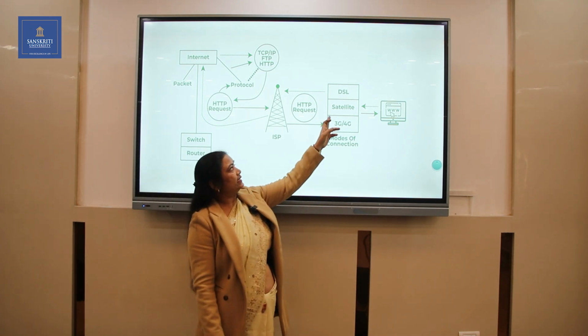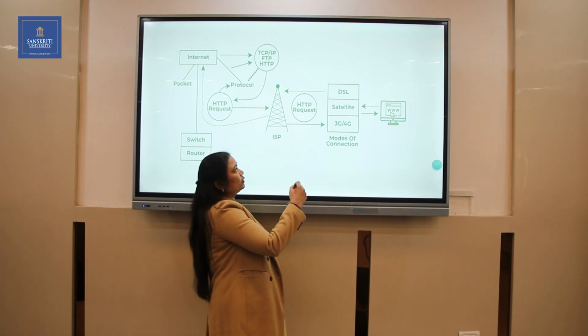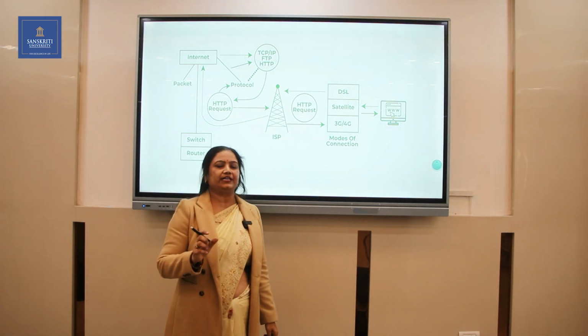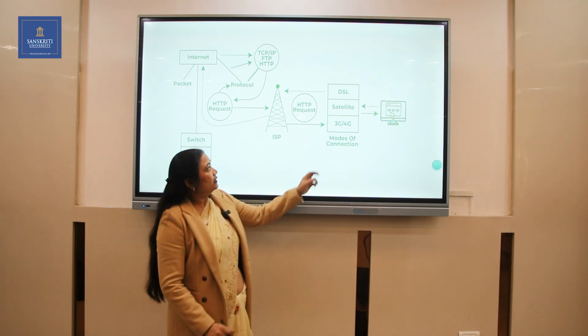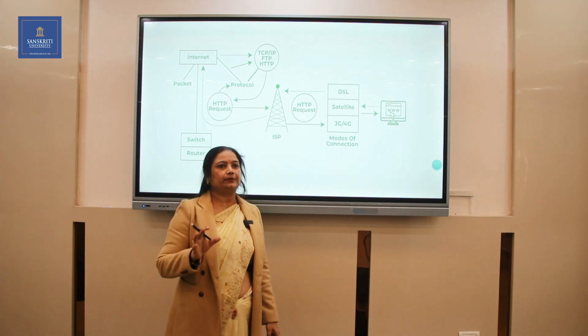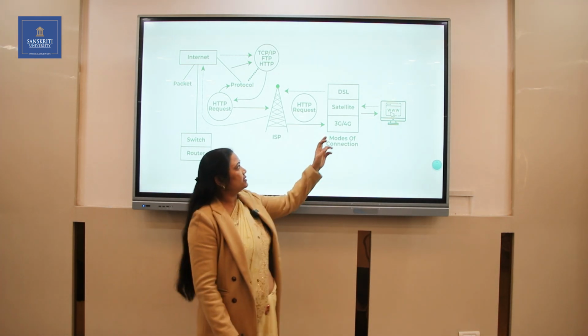DSL is the digital subscriber line, a broadband connection used to connect with the internet, and satellite connections also connect us to broadband through a satellite.